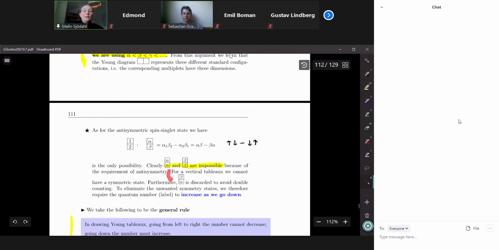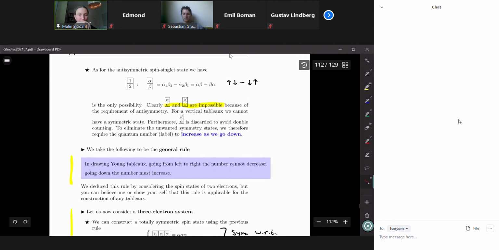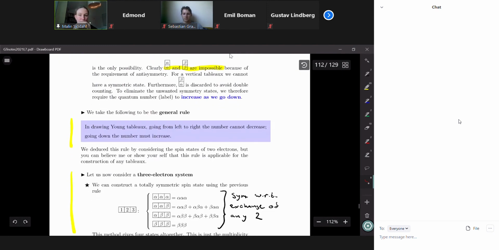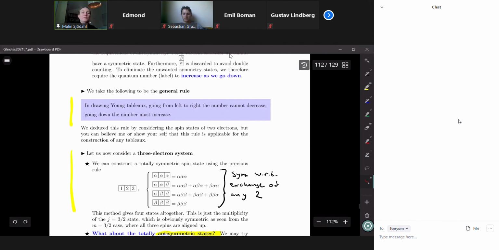And concluding those rules, we say that we always increase the label as we go down in the Young tableau. So in drawing a Young tableau, going from left to the right, the number cannot decrease, and going down, it must increase.